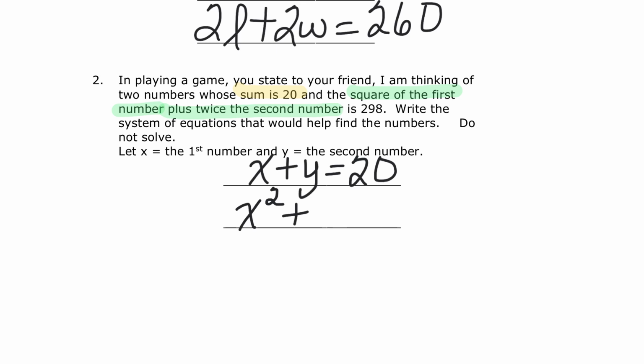The word twice means to multiply, so 2 times the second number, which is y. The word is means equals 298. All we're doing is taking these word problems and setting them up, but don't solve them.